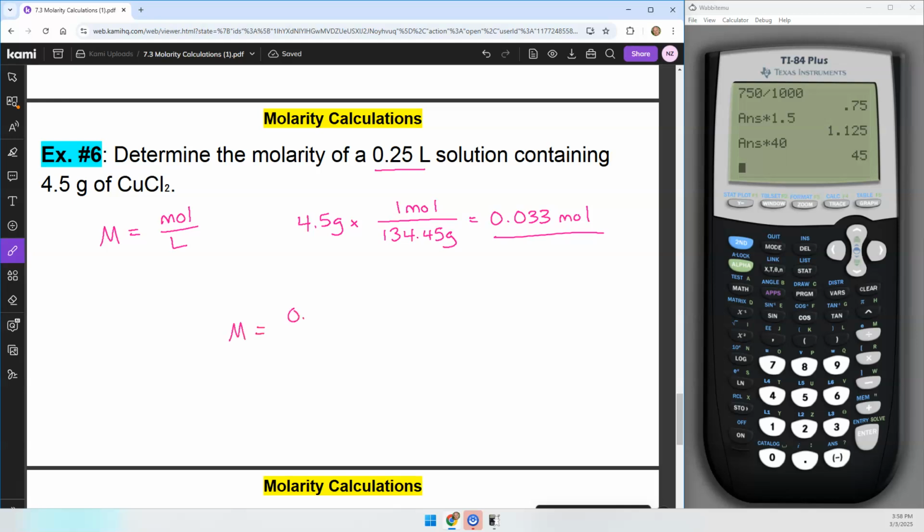So I have 0.033 moles over 0.25 liters. Let's go ahead and plug this into our calculator. So 0.033 divided by 0.25, 1.32. We want to round that to 2 significant figures, so 0.13 molar would be my answer.